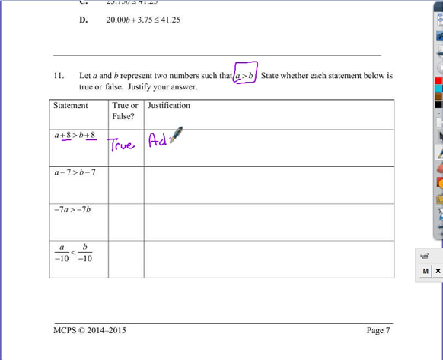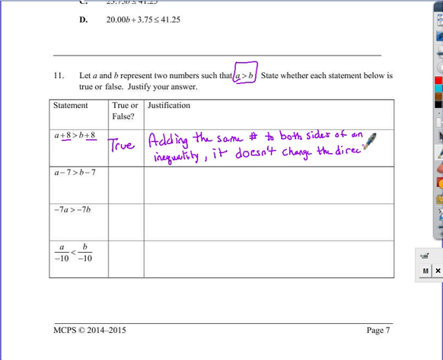Well, because if I add the same number to both sides of an inequality, it doesn't change the direction of the inequality.